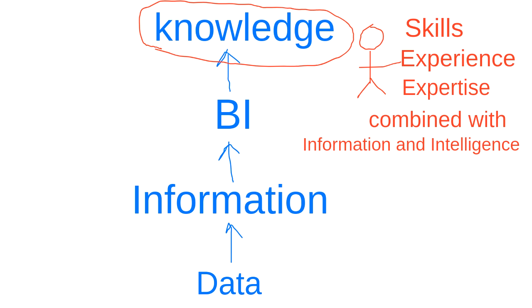So you can now see where information came from. Now you can relate. Information came from here. Intelligence came from here. Right? That we call knowledge.